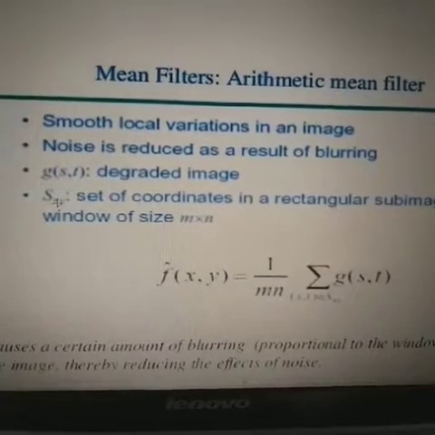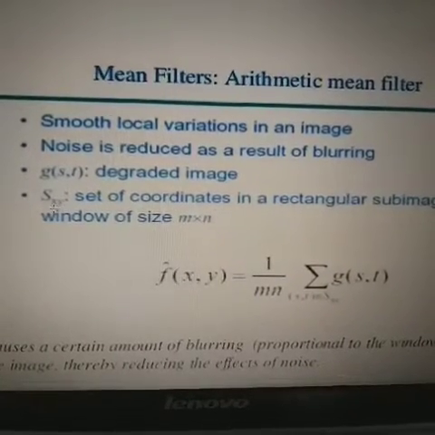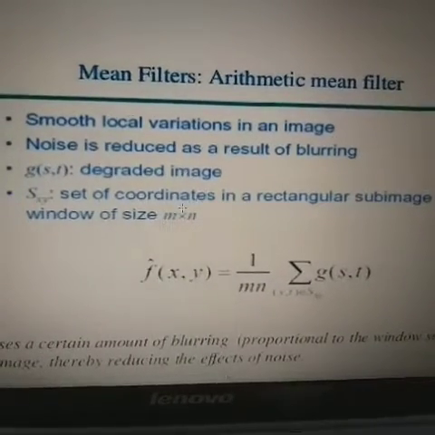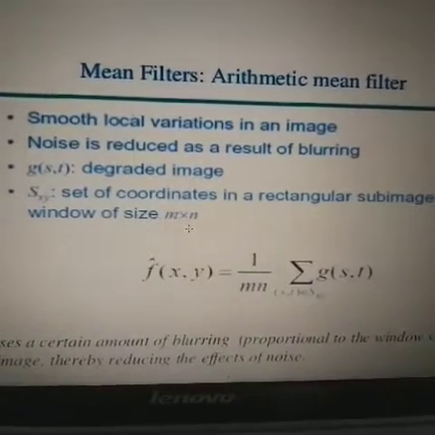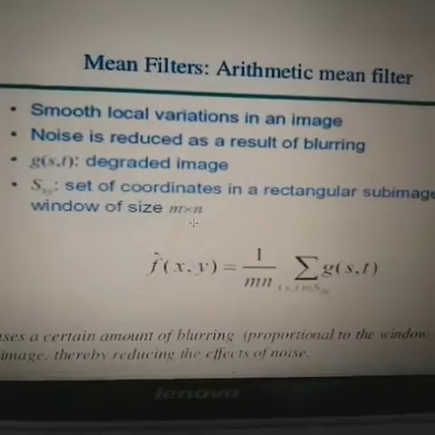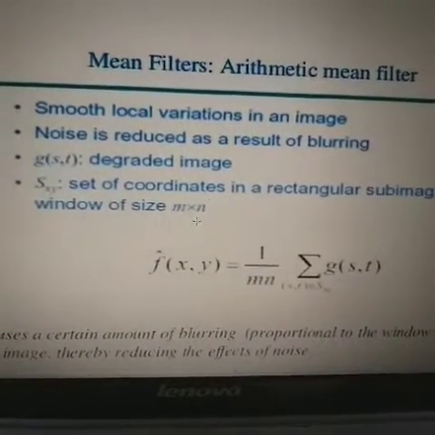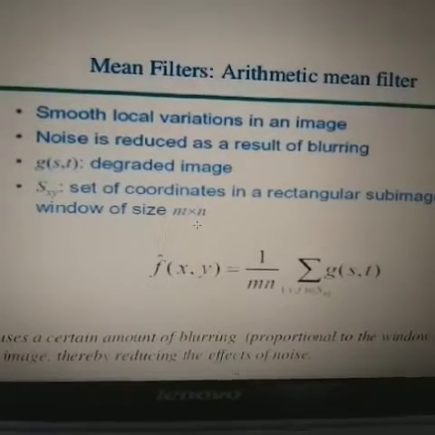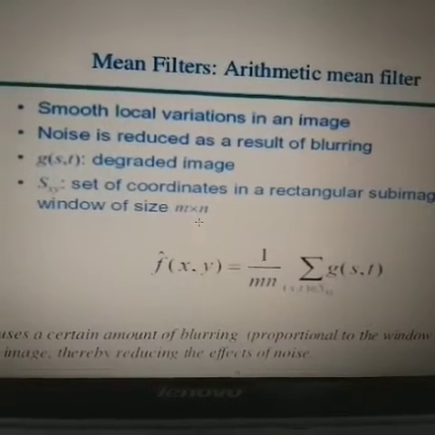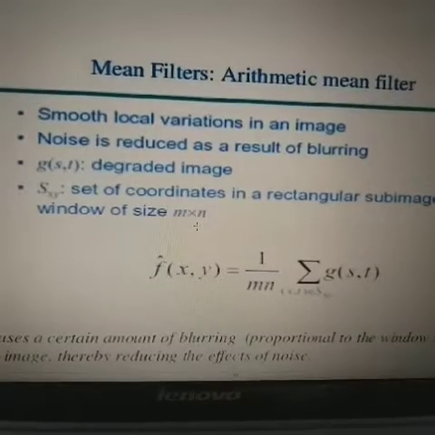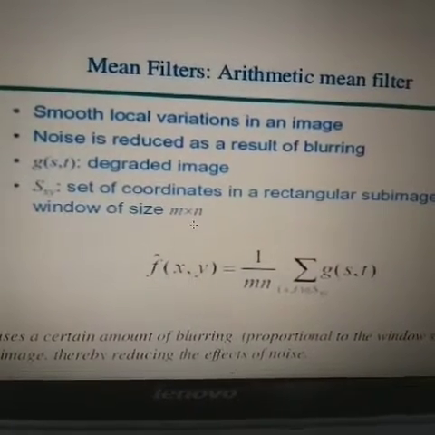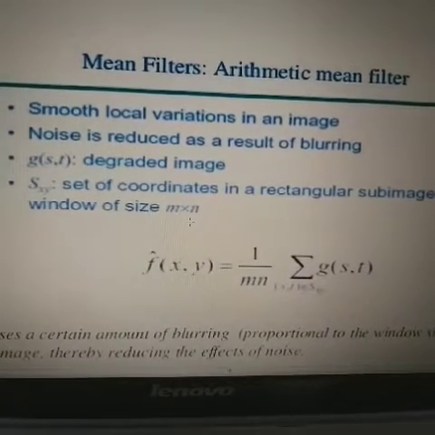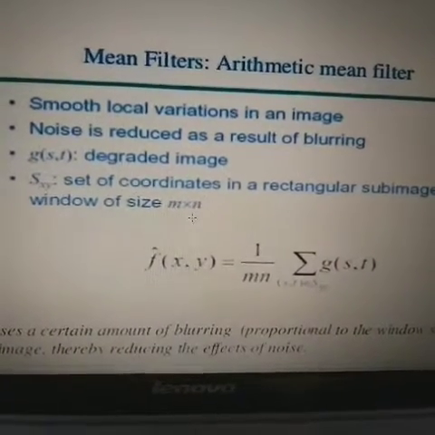Here the coordinates are s comma t. So capital S subscript x,y is the set of coordinates in a rectangular sub-image window of size m by n. We have some image of size m into n. We select some part of that image, which is known as the sub image, with the same coordinates represented by x,y.